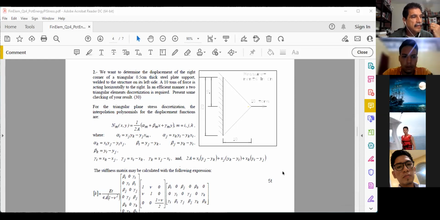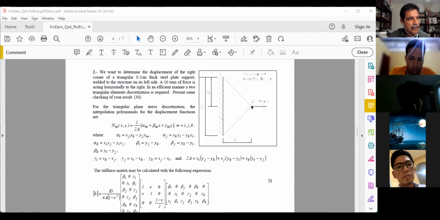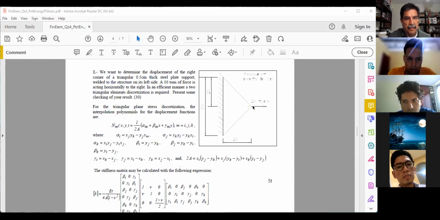Yes. Okay, good. So here you have the expressions for all these parameters which define the stiffness matrix of the CST element. So what I want you to do is, if we consider only this triangle, why don't you calculate gamma for this joint?